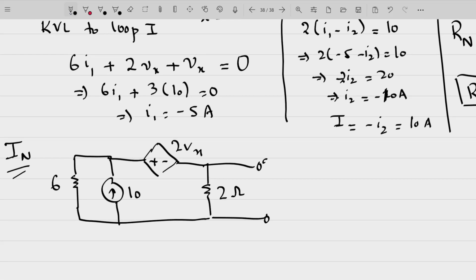To find out In, you have to short this end. Once you short this end, since the 2 ohm resistance is in parallel with a shorted resistance, no current will flow through it, so you can ignore this resistance here. So this is effectively your circuit now.